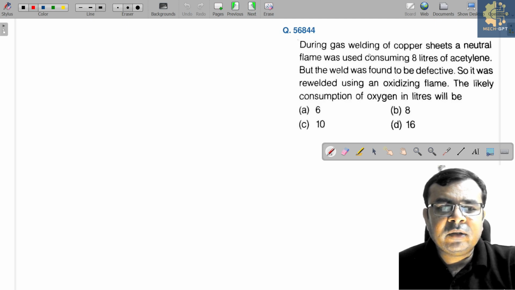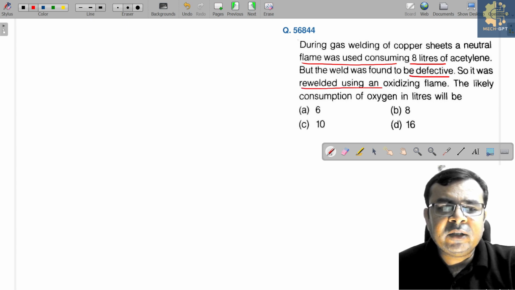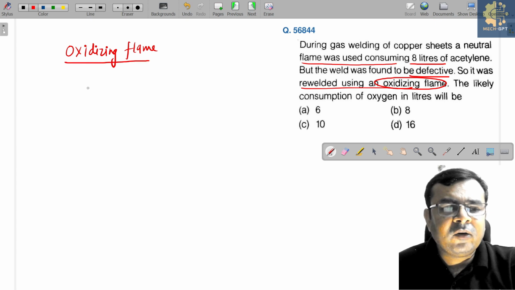Next question you can see, during gas welding of copper steel sheet, a neutral flame was used, that is 8 liter of acetylene, but the weld was found to be defective. So it was re-welded using an oxidizing flame. In an oxidizing flame, the quantity of oxygen is always more than the acetylene.